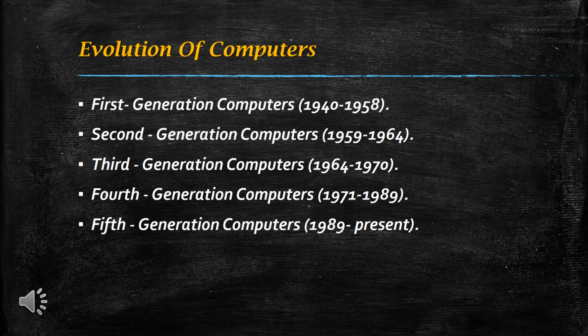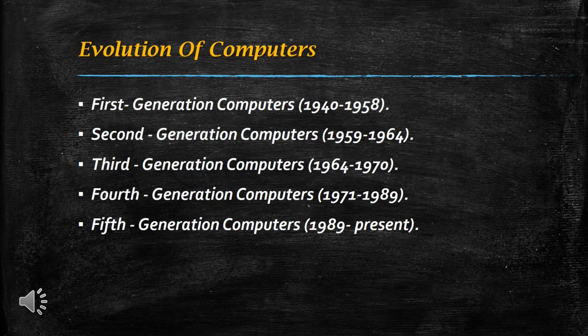The next one is the evolution of computers. The first generation computers were from 1940 to 1958. Second generation computers were from 1959 to 1964. The third generation computers were from 1964 to 1970.